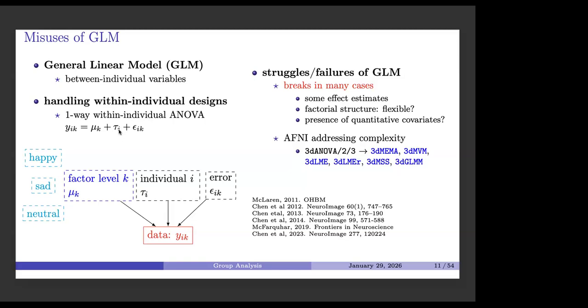Since i is the individual, that term varies across individuals, and we associate a Gaussian distribution with it. The next term is the residual, or you can interpret it as the interaction between the participants and the emotion factor. That's why we use two indices.